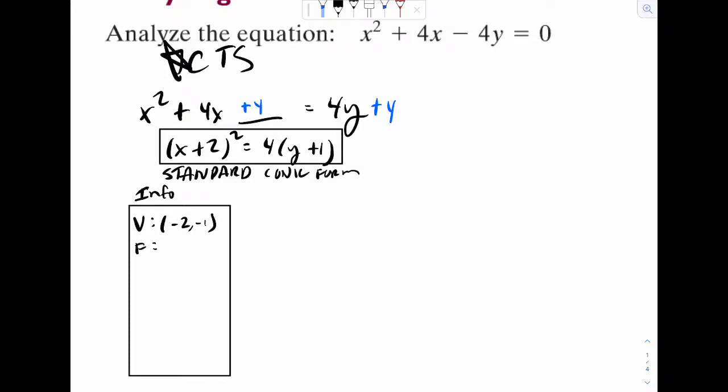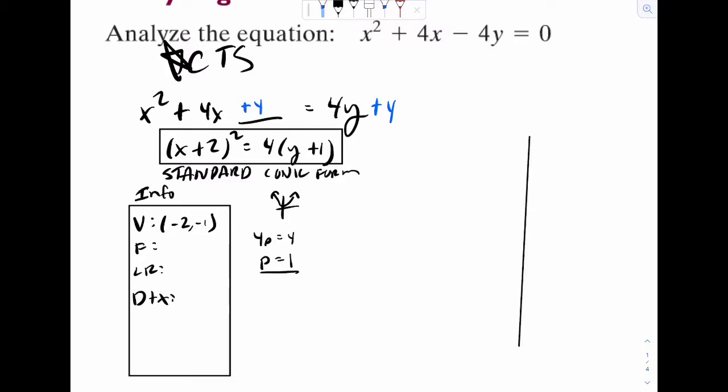We need our focus, LR, and we need our DTX, or our directrix. Our mental picture: this is x squared and positive, so in our mind we should think of a parabola like that. And I can see that this is 4, so 4p is equal to 4, so p must be 1. That's going to be very helpful.